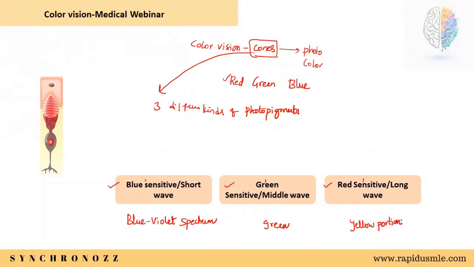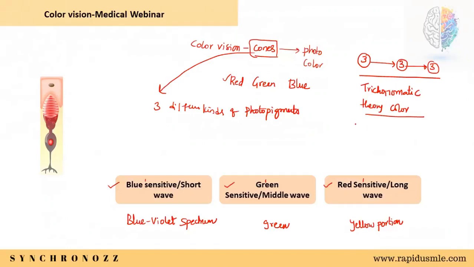It also covers a segment of red, but to be more precise, it is the yellow portion which is taken care of by the red sensitive or long wave pigment. So three kinds of cones with three different kinds of pigments act at three different wavelengths. This theory is known as the trichromatic theory of color vision, also known as the Young-Helmholtz theory.